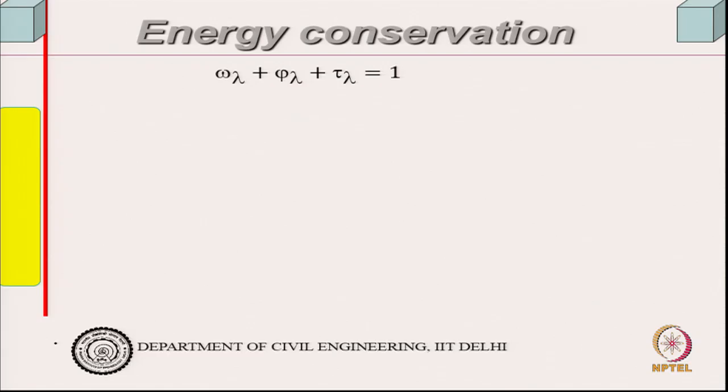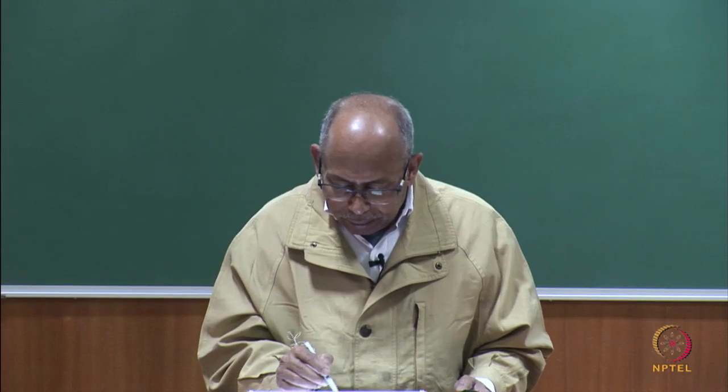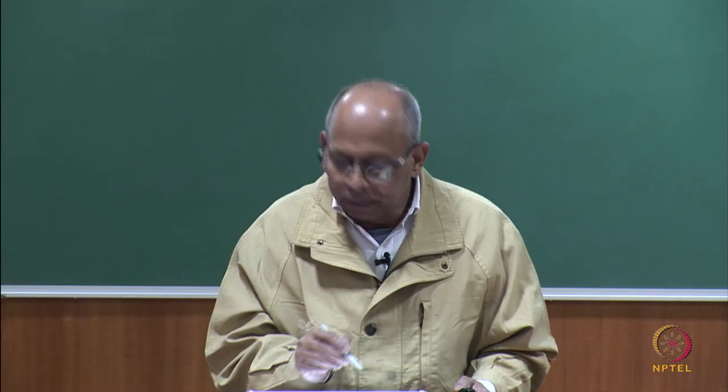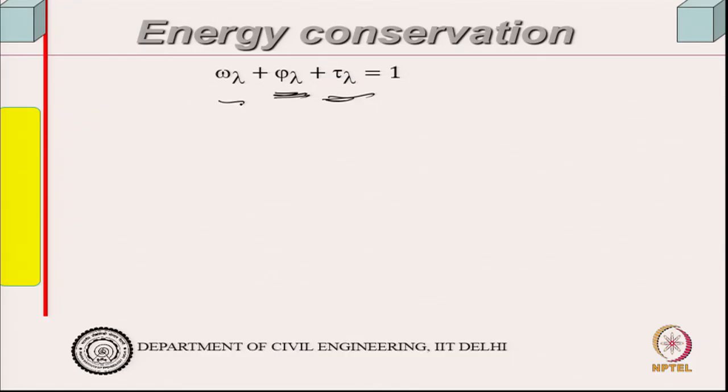So let us say, if we take any surface, if it is transparent, it will transmit some, reflect some and absorb some. They are all fractions. At a given wavelength, for any body, transmission, absorption and reflection are fractions, because absorptivity is defined as the fraction of energy absorbed divided by the total energy incident upon it.